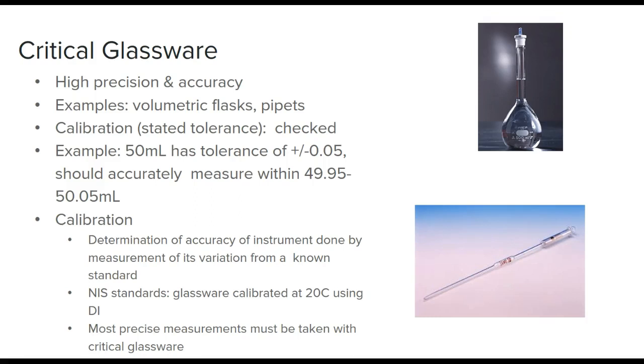But they are an organization that comes up with all these guidelines about calibrating. They say that the glassware has to be calibrated at 20 degrees, which is room temperature, using distilled water. Most precise measurements need critical glassware to be used.